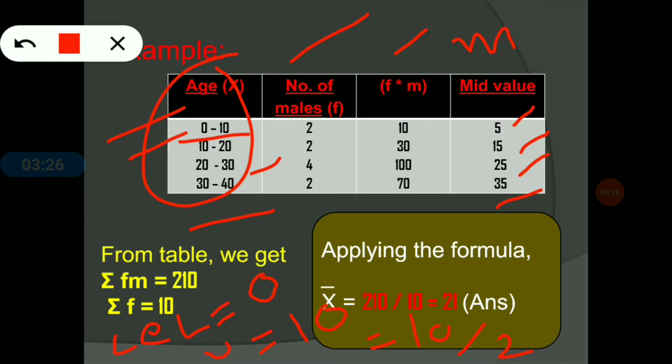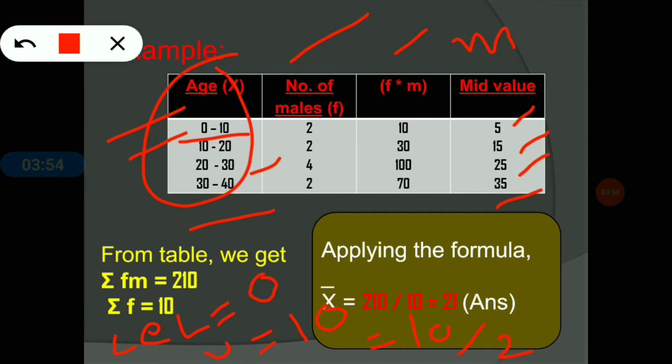In the case of mid value, because it is a continuous series, continuous observation, there are two class limits, lower class limit and upper class limit, and that is why the mid value equals lower class limit plus upper class limit, divided by 2. I think the calculation process of the mid value is clear.